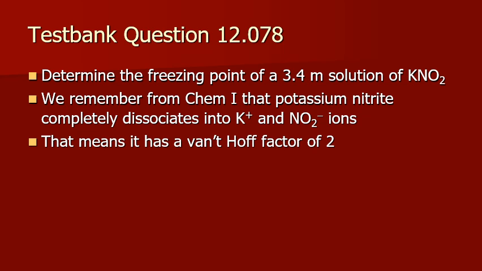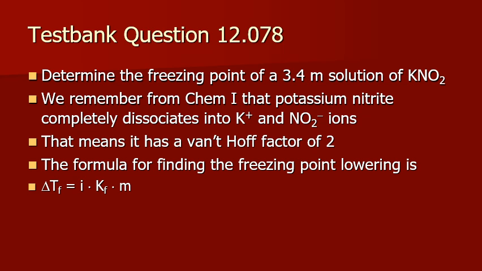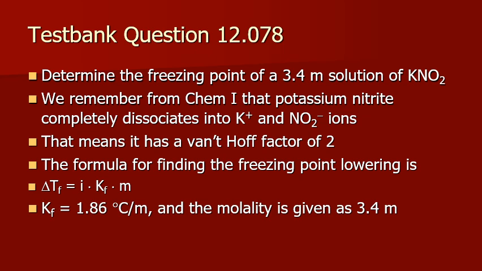This means our Van't Hoff factor is 2. The formula for finding our freezing point lowering, delta TF, is i times Kf times the molality. Our freezing point depression constant is 1.86 degrees C per molal. That would be given if it were an assessment. The molality is given as 3.4.